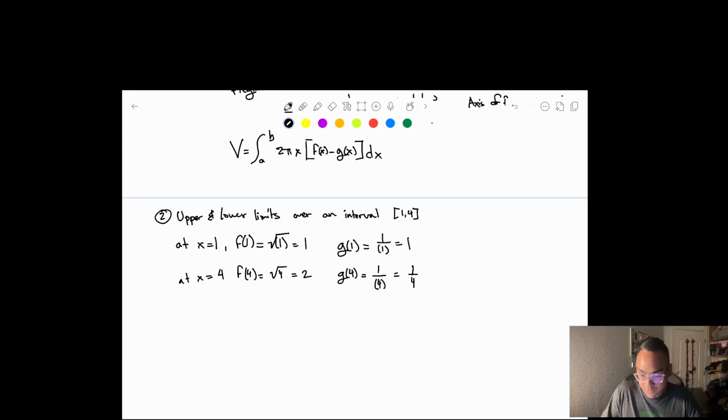And then we can also do one more. At x equal to 2, if we plug this into f of 2, square root of 2, which is roughly about 1.414.